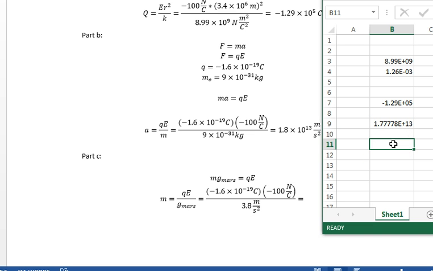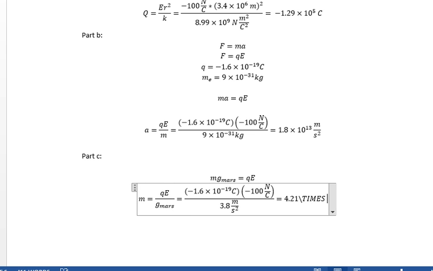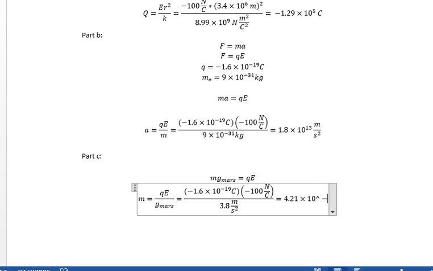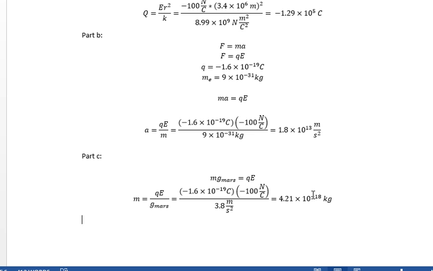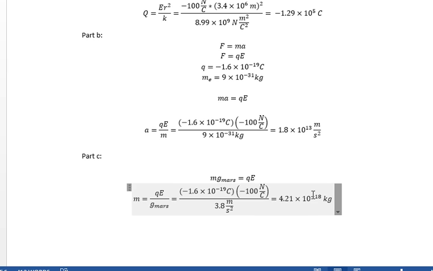So what would be the mass? Minus 1.6 e minus 19 times minus 100 divided by 3.8. And we get 4.21 times 10 to the minus 18 kilograms. And that's it for part C. All right, done with problem 2.